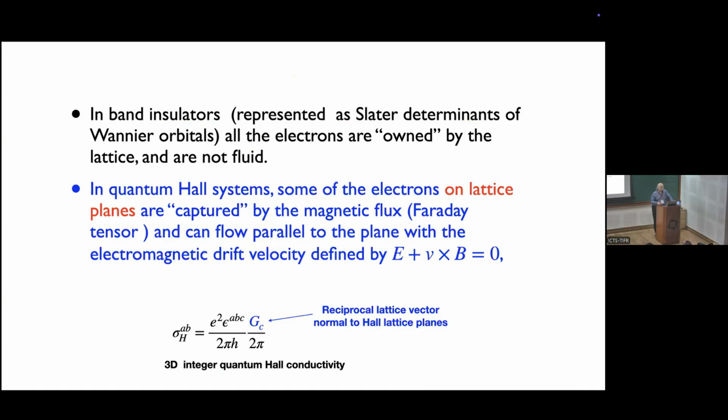Okay, so in quantum Hall, electrons on a lattice plane still remain localized and bound to a single lattice plane, but they can move when Landau quantization occurs, which is captured by the electromagnetic field. The electrons can move in the whole plane, in a particular lattice plane.